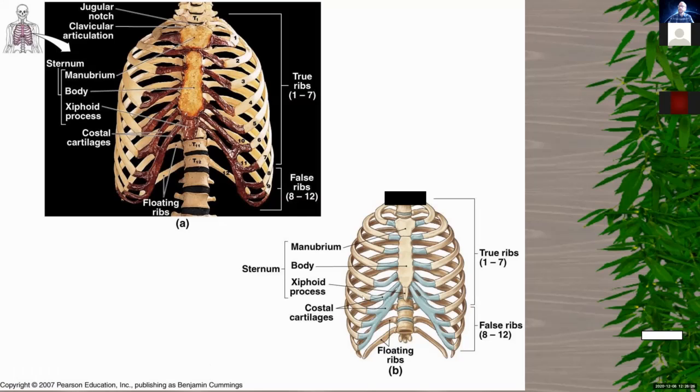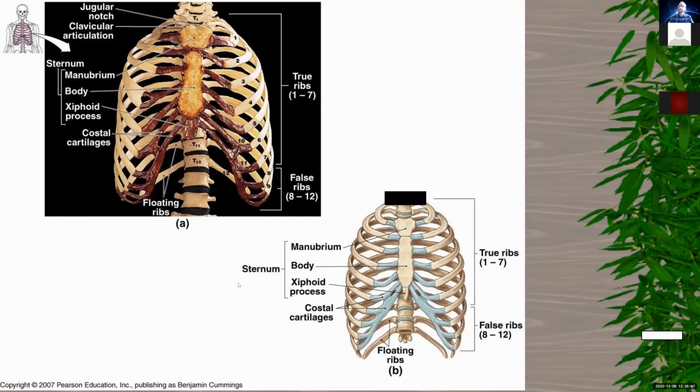This cartilage attaches this end of the bone to this bone. This bone right here is known as your sternum, your chest bone. It's broken up into 3 parts: the manubrium at the very top, the body in the middle, and then the xiphoid process at the very bottom.